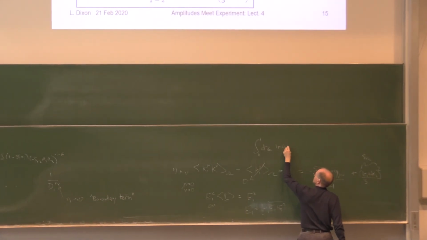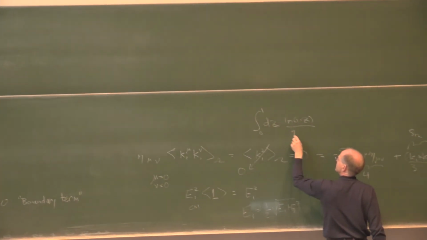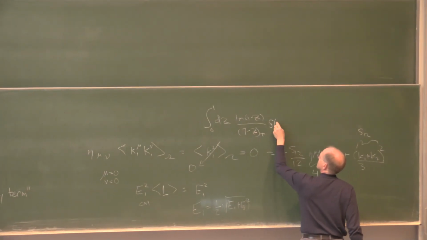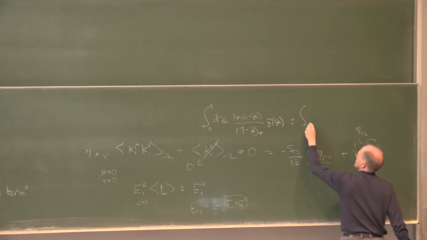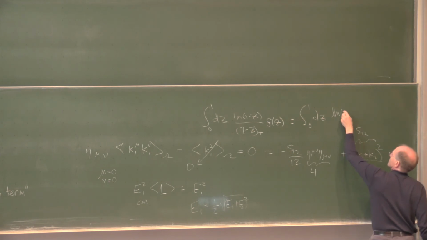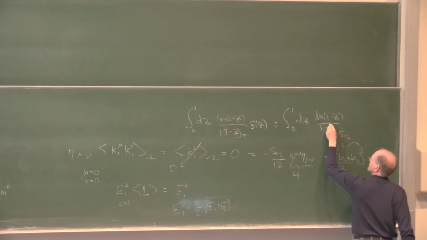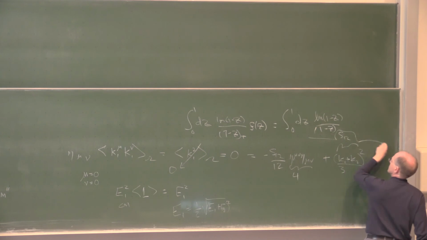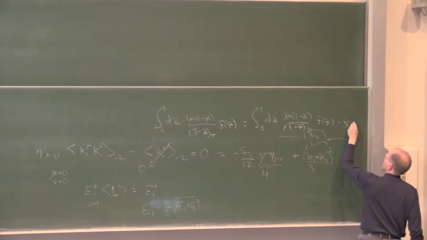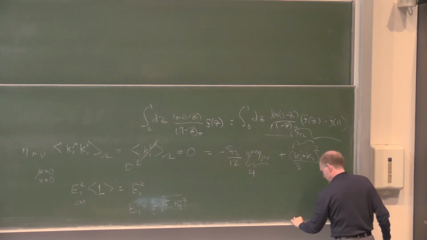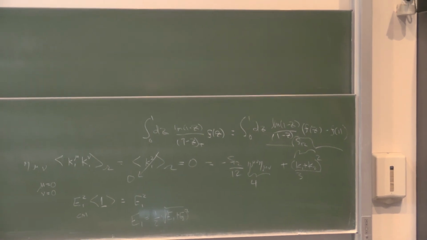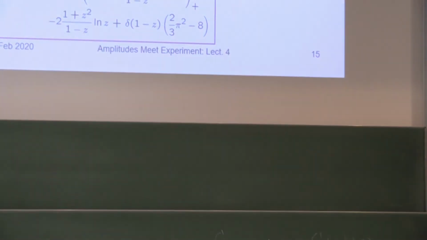In this case, we have an extra log 1 minus z in the numerator. So it's defined by subtracting whatever you're multiplying it by, evaluated at 1.